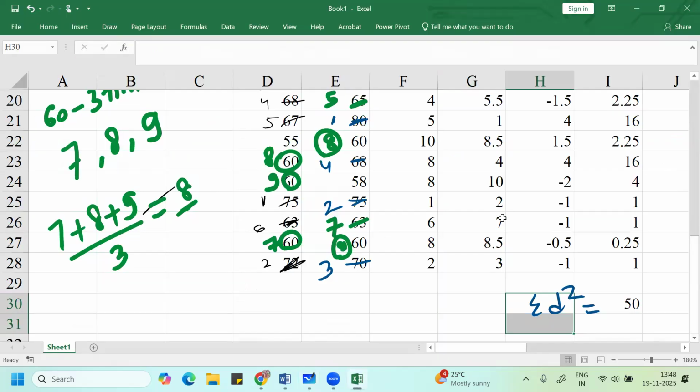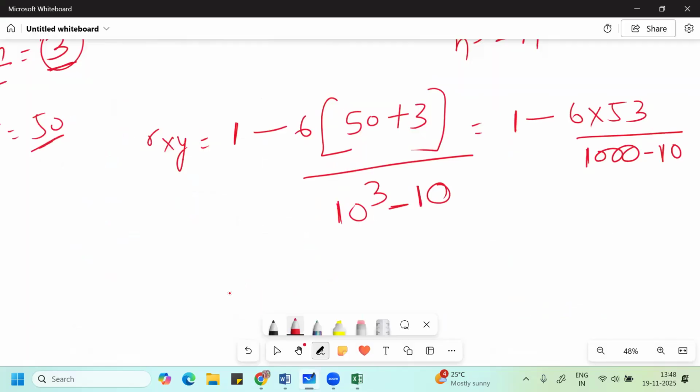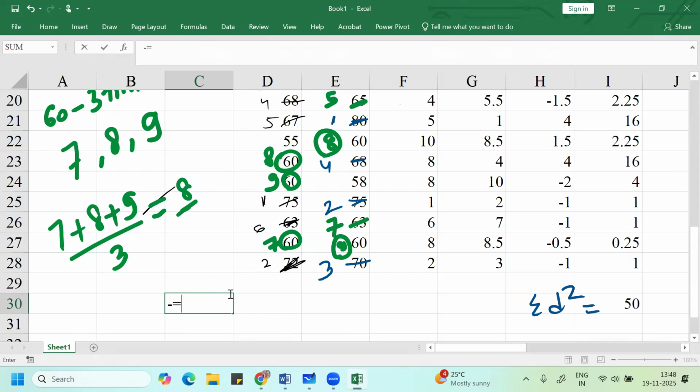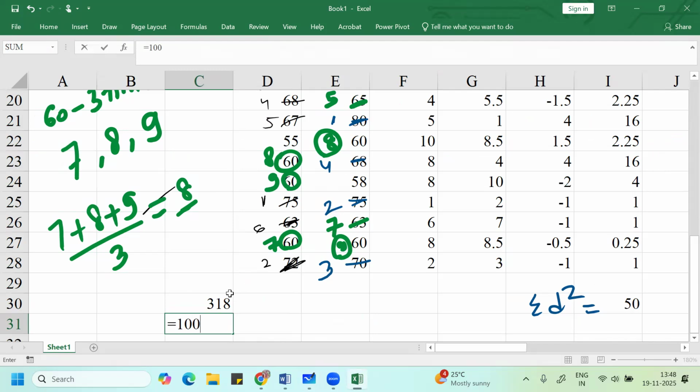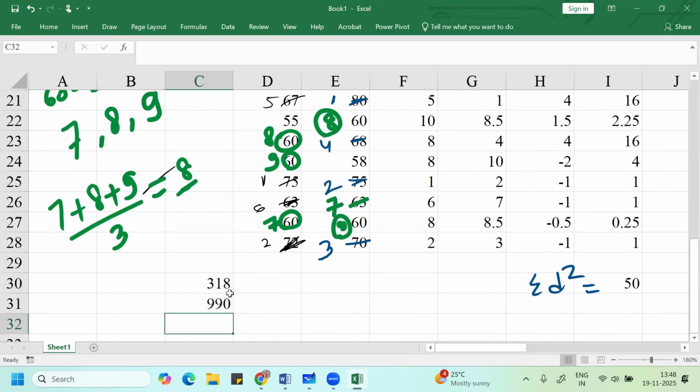So here, what is 53 into 6? 53 into 6 is 318. Then it is 1000 minus 10. N cube minus n is 990.